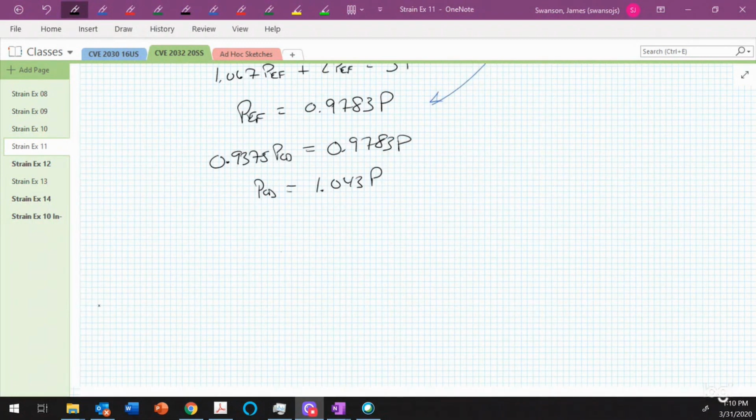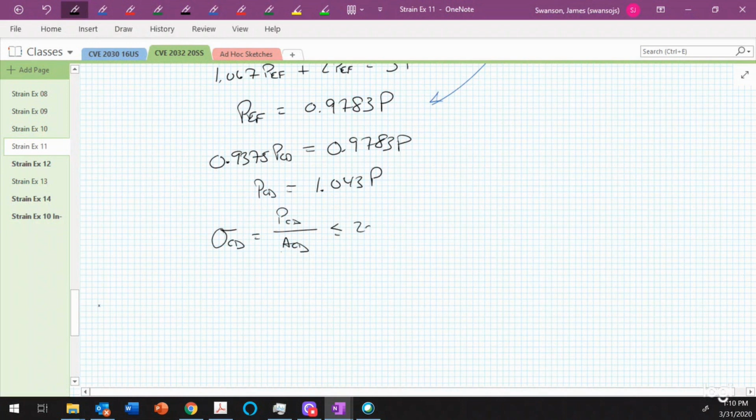Okay, at this point, we need to look at the stresses in the section. So I'm going to start off by looking at the stress in section CD. So sigma sub CD is equal to P sub CD divided by A sub CD. And if we go back to our problem definition, we can see that wire CD has an allowable stress that is equal to 200 megapascals.